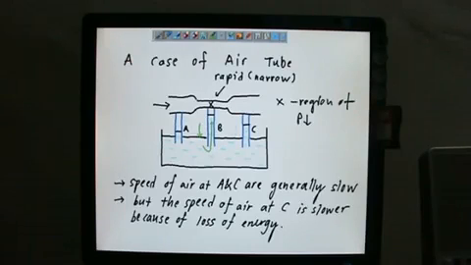As for A and C, again A has higher pressure, more energy, C has less energy. So the high pressure seems to be pressing the water down, and this one with less pressure, because it has lost energy already, seems to be pressing the water down less compared to A.